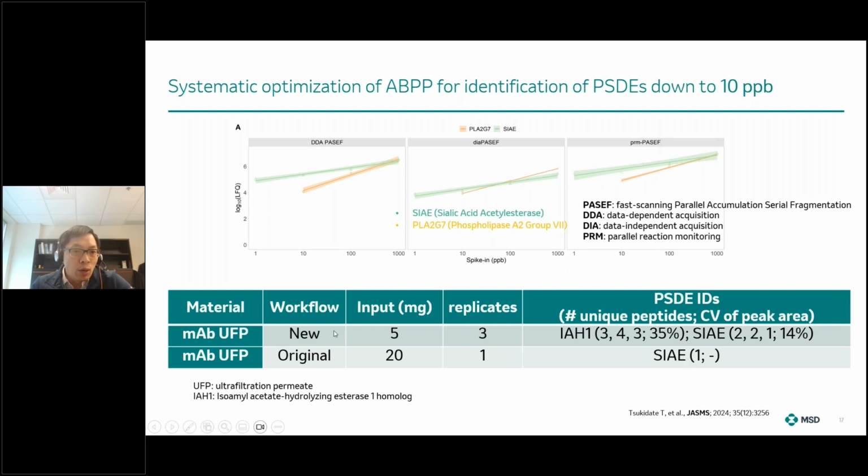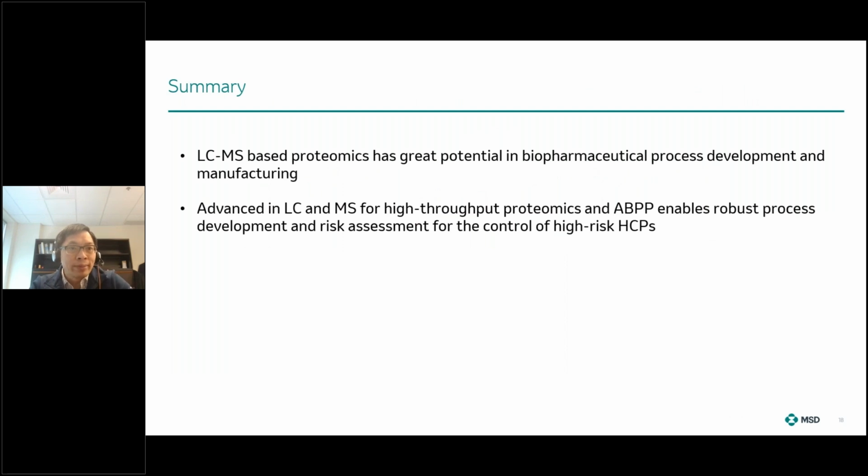If we run the new workflow, loading much less material, we are able to identify one additional hydrolase, which might be the leading cause of the polysorbate degradation. We can feed this information to our process team, who can optimize the process to remove the polysorbate degradation issue and ensure product quality. This is the summary of my presentation.